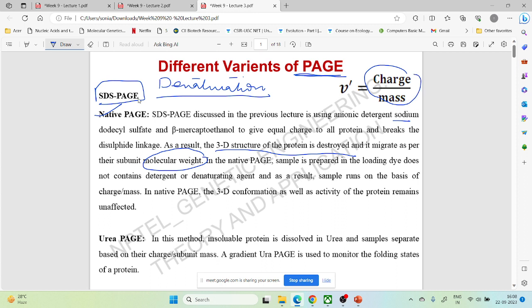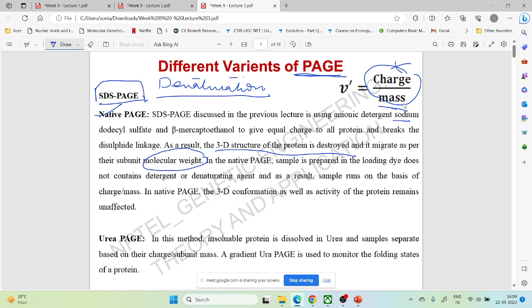But in the case of SDS PAGE, because negative charge is imparted by SDS, the separation is only on the basis of molecular weight and not on the basis of charge. Whereas in the case of native PAGE, the separation occurs on the basis of charge to mass ratio. It's not only charge, it's not only mass, it is the charge to mass ratio.